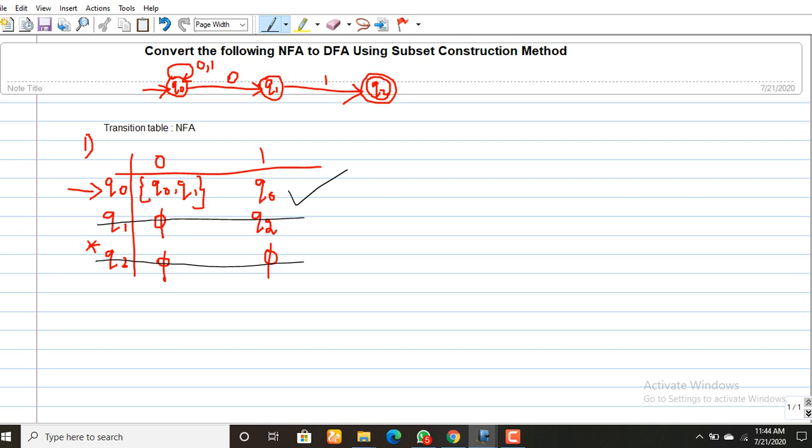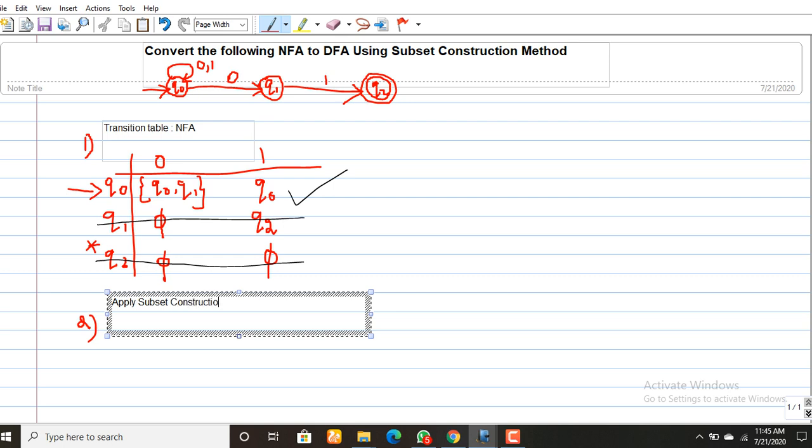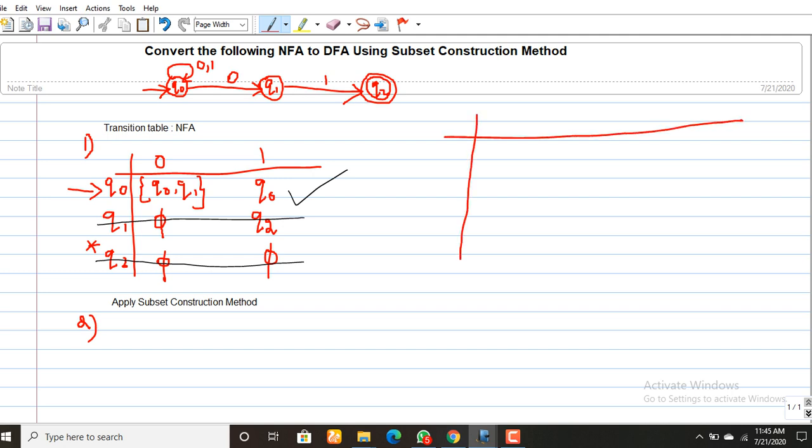What's the next step? In the next step, you have to apply the subset construction method on this NFA transition table. I am writing this here.